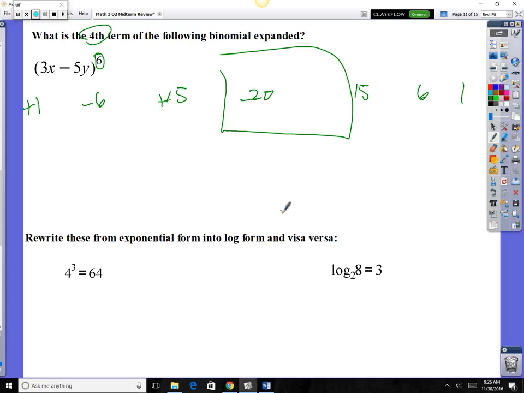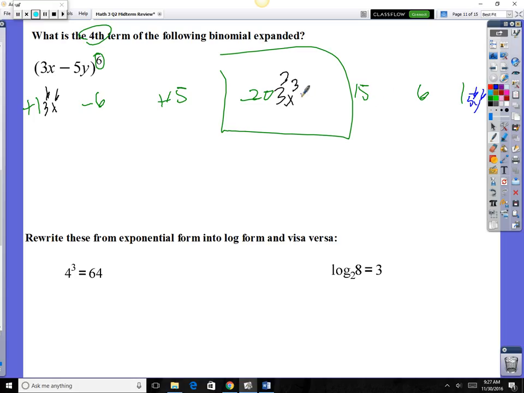And then your variables, we're going to go 3 to the 6, x to the 6, 3 to the 5, x to the 5, 3 to the 4, x to the 4. So this should be 3 to the 3, x to the 3. And let's go the other way. If I start here, I know it's going to be 5 to the 6, y to the 6, 5 to the 4, y to the 4.